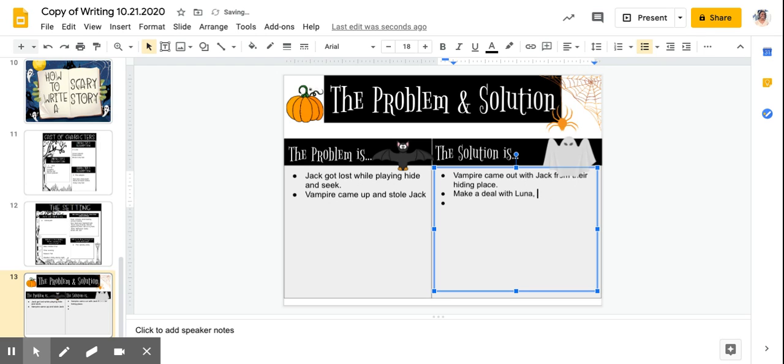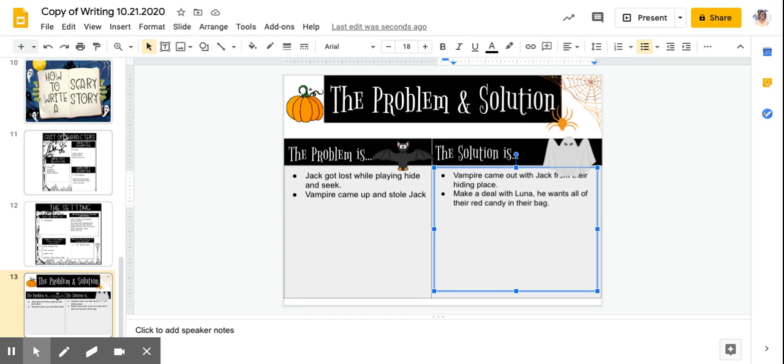He wants all of their red candy in their bag. So once we give all of our red candy to the vampire, he will let Jack go, and then we can get out of there. So that is what my solution is going to be for my story.